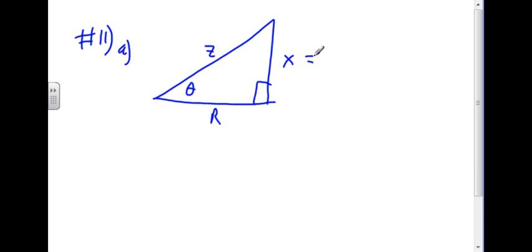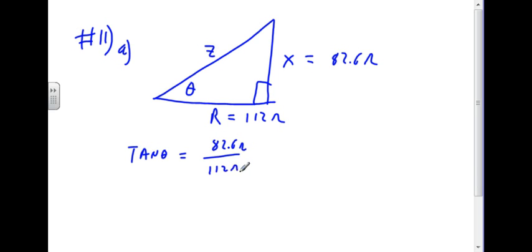The reactance is 82.6 ohms. The resistance is 112 ohms. Find the phase angle. Okay, so that'd be a tangent problem. The tangent of theta is the opposite divided by the adjacent.